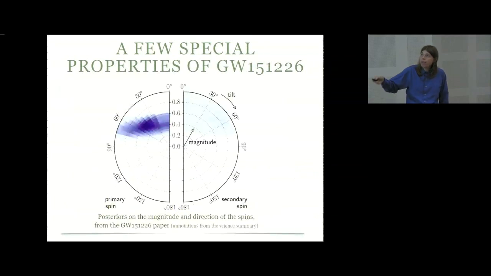So here's a plot showing you our best estimates of the individual spins of GW170104's binary. This shows you primary spin and secondary spin magnitude here, and then the orientation with respect to the normal to the orbit, basically the Newtonian orbital angular momentum, is shown in this angle. So you see the secondary spin is very poorly constrained.